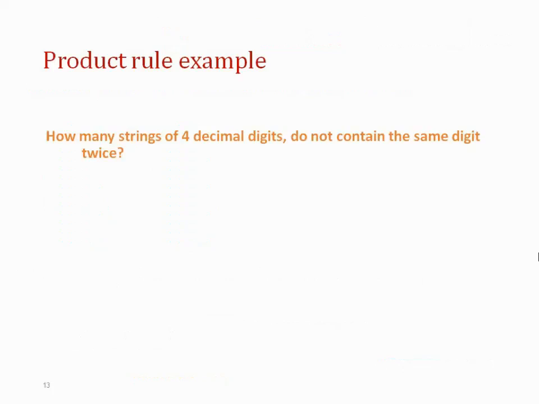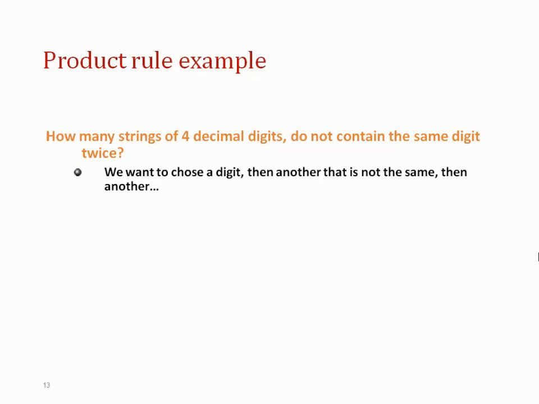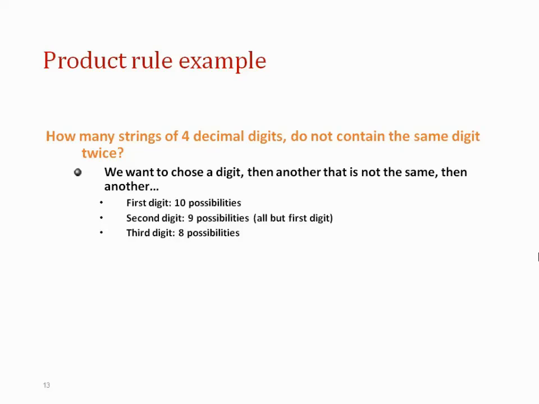How many strings of 4 decimal digits do not contain the same digit twice? How many combinations can you make? We want to choose a digit, then another that is not the same, then another. Like that, first 10 possibilities, second 9 possibilities, because already you have chosen the first one, so you don't have 10 possibilities for the next choice.